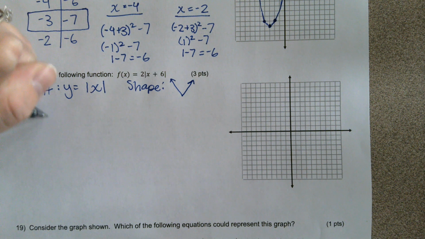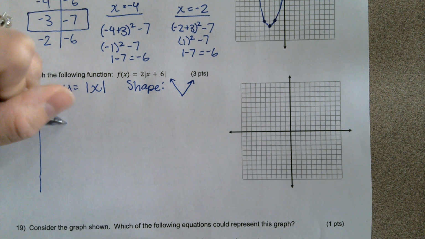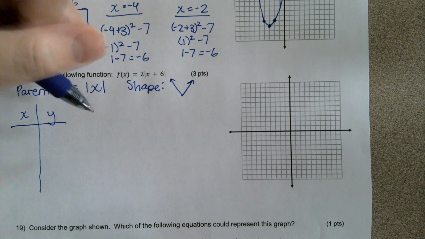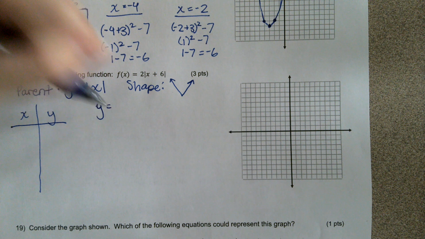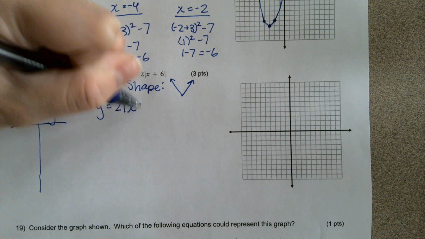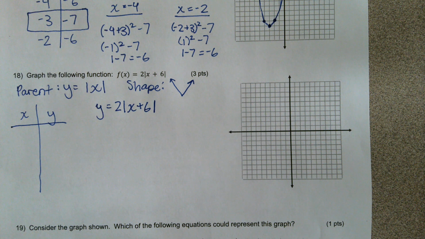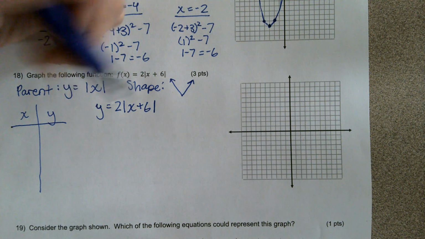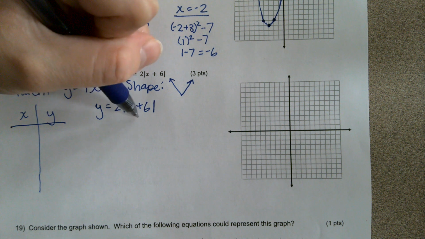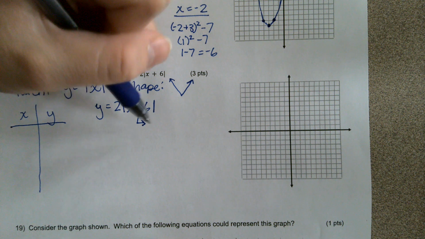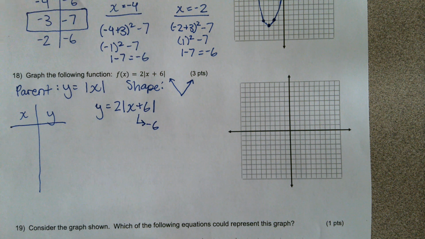Now we have to find our 3 points to graph. The first point is the vertex. So if our equation is y equals 2 times the absolute value of x plus 6, our vertex comes first from the inside number, inside change, so we're going to change this to a negative 6 for the vertex.